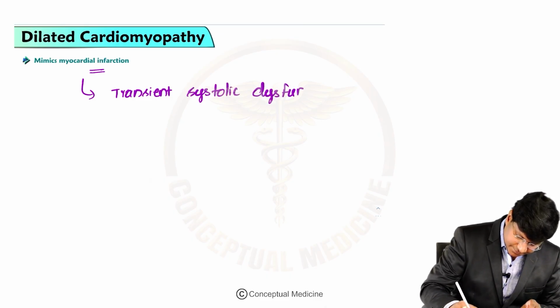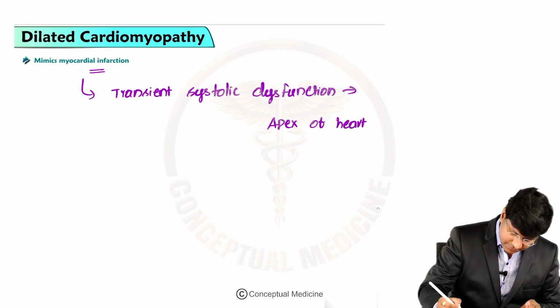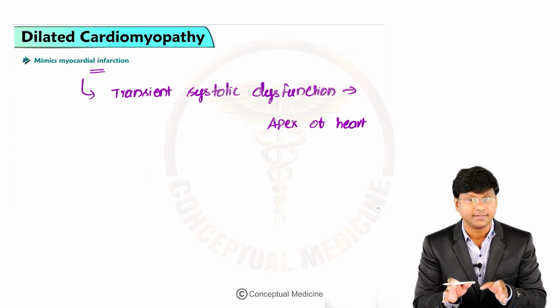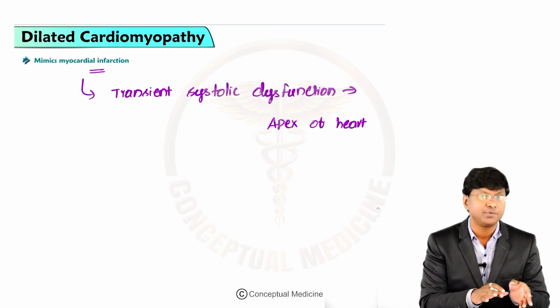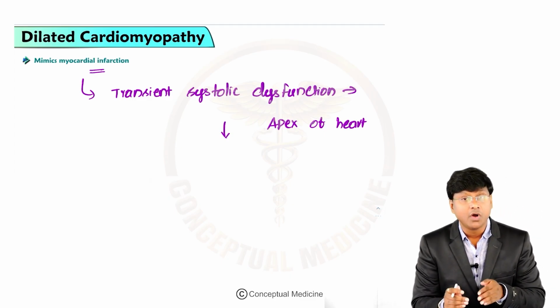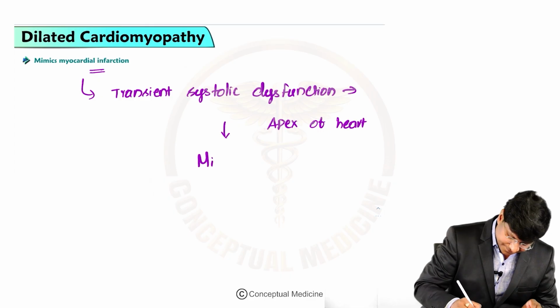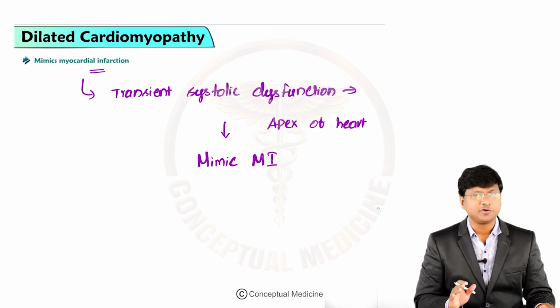And because there is systolic dysfunction of the apex, some segments of your left ventricle are akinetic or hypokinetic. Because there is transient systolic dysfunction, or some segments are akinetic or hypokinetic, that will mimic the myocardial infarction.